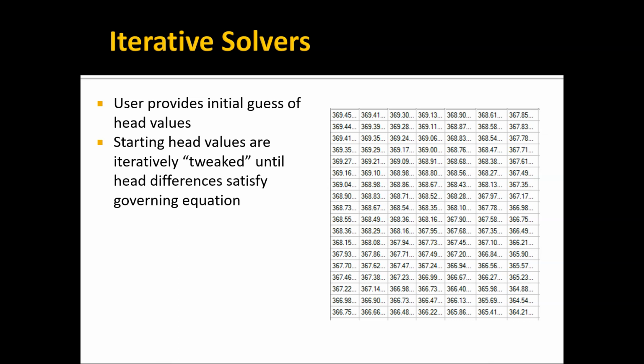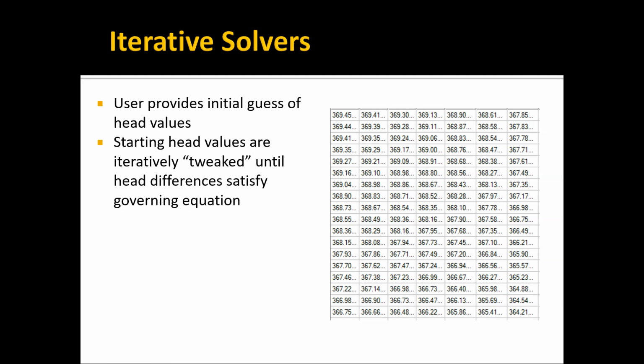And so what happens is it goes through these heads in what's called a series of iterations. At each iteration, it perturbs the head in each cell in the grid to try to get a better match, to try to come up with heads that satisfy the governing equation. And it keeps doing this.